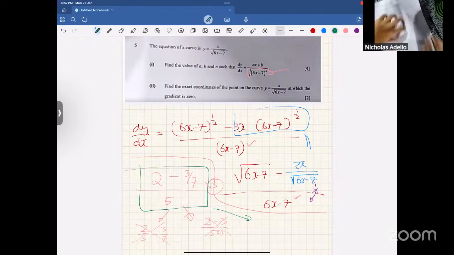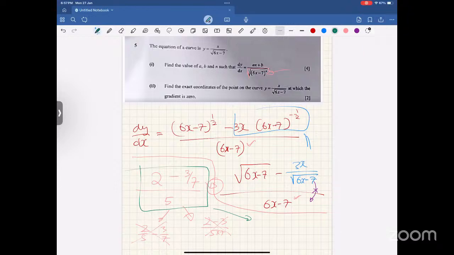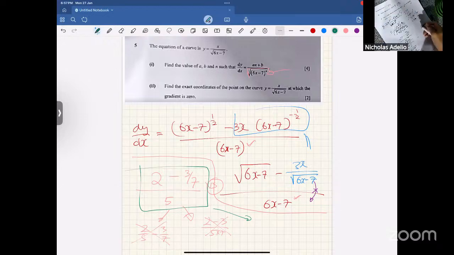Teacher, I'm not done yet. No, of course not. But you get your 4 marks. There's still one more part, and that is the second part. Find the exact coordinates of the point. Well, I already have this one.